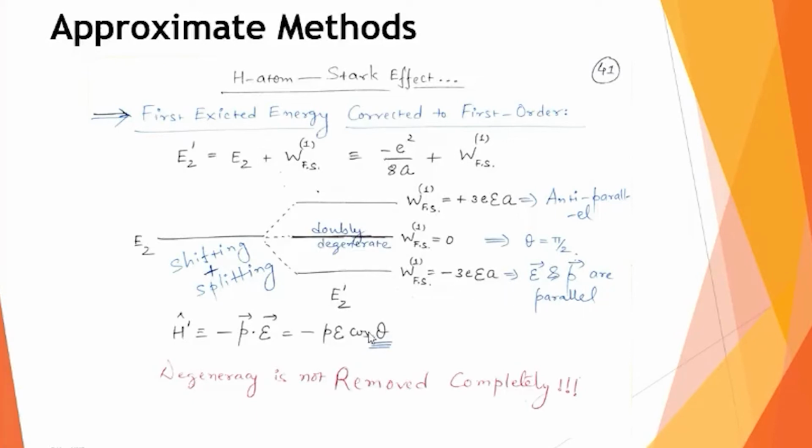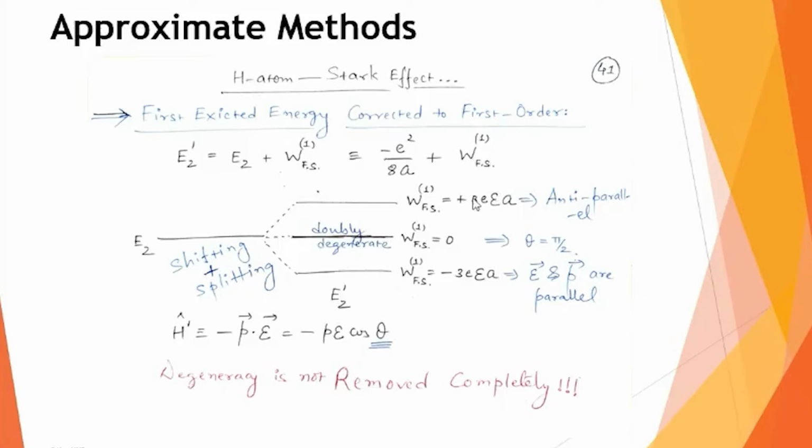Here P can be written as something like A, because the separation between the electron and the nucleus in the hydrogen atom is exactly the Bohr radius. So in this last equation, you can see it is contributing a positive answer. Positive means cos theta gives you a positive value. It is known as a parallel situation: your electric field and the dipole moment are parallel.